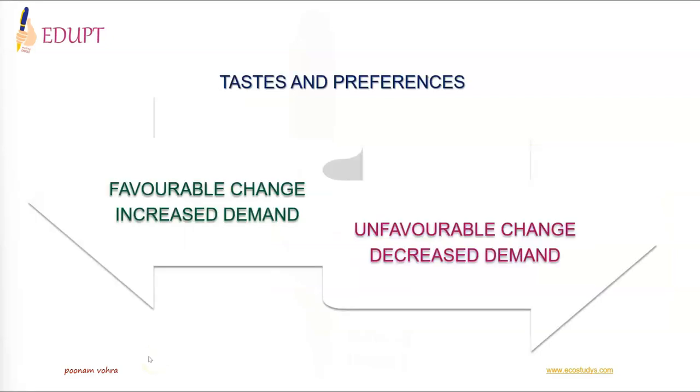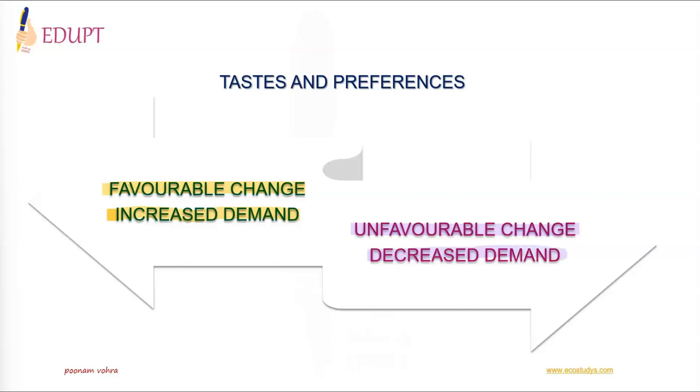Changes in tastes and preferences also affect demand for a commodity. If there is a favorable change in the tastes and preferences of a consumer for a particular good, then there would be an increase in demand for such a commodity. But if there is an unfavorable change in tastes and preferences of the consumer for a particular commodity, its demand would decrease.